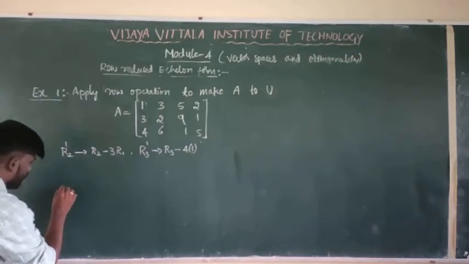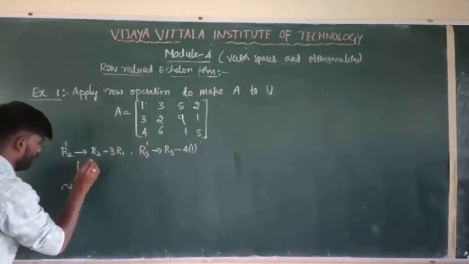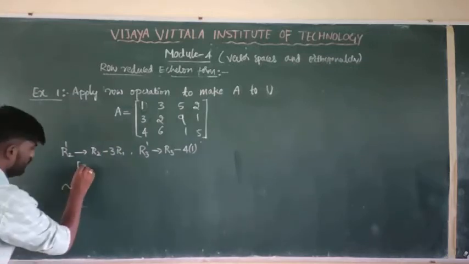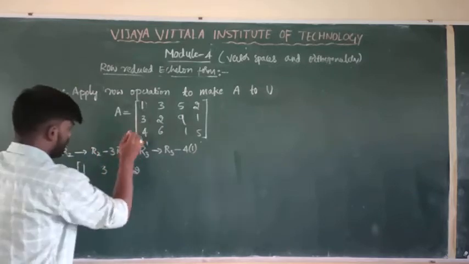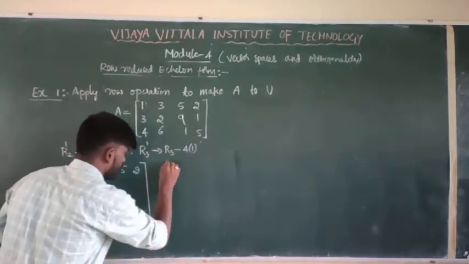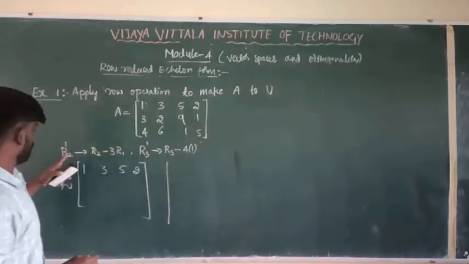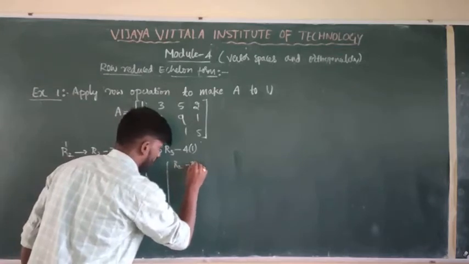For the resultant matrix, the similar matrix is 1, 3, 5, 2, and in the second row we use the operation R2 dash, R2 minus 3 R1.